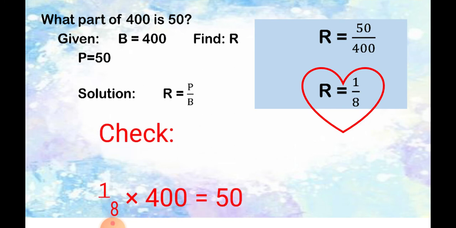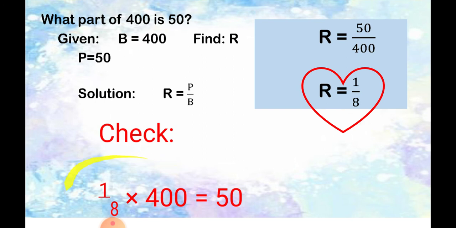Okay, if we check, 1 over 8 is our rate, di ba? And then our base is 400 and our percentage is 50. So, di ba, the formula of percentage is P. Okay, so 'di ba yung P is equal to base times rate.